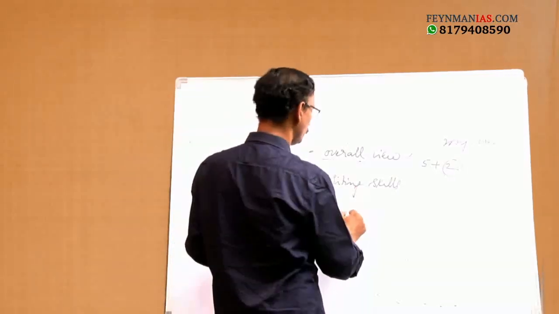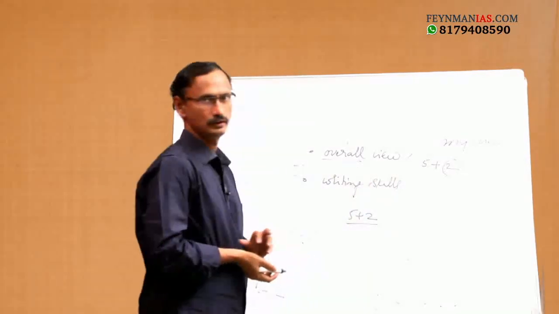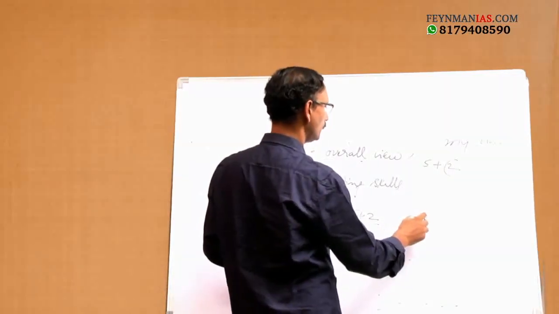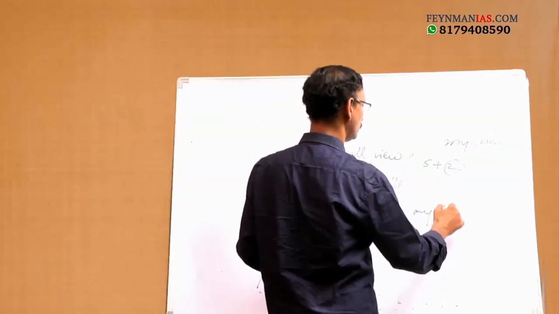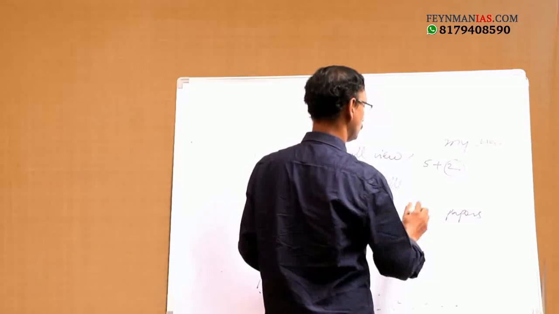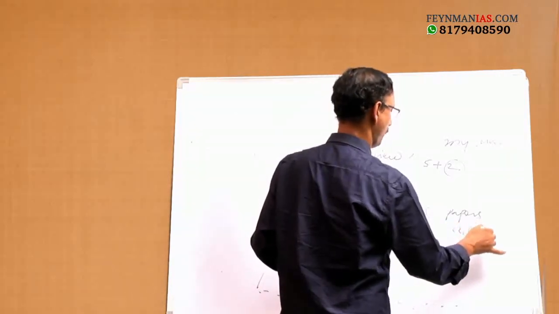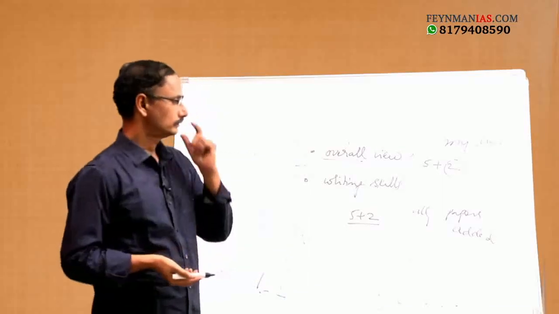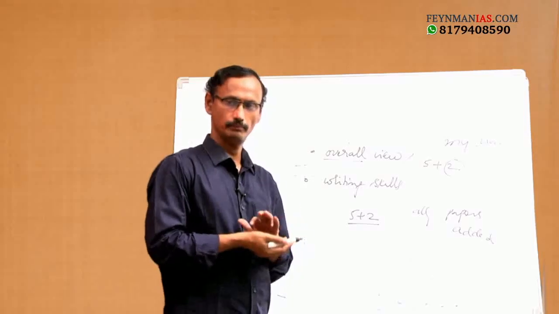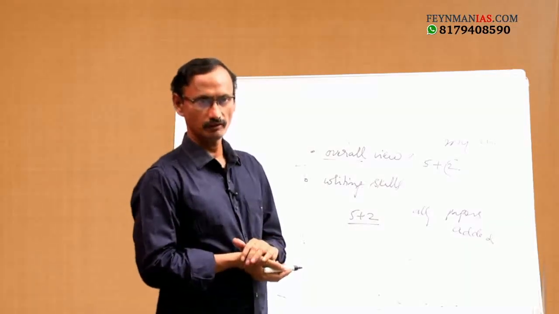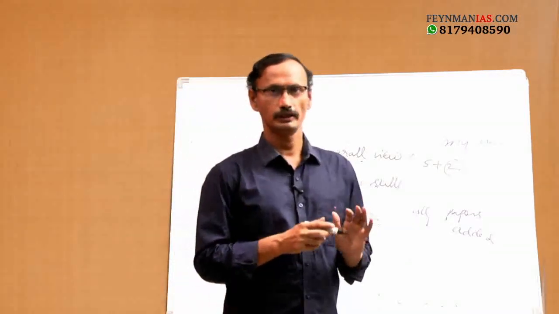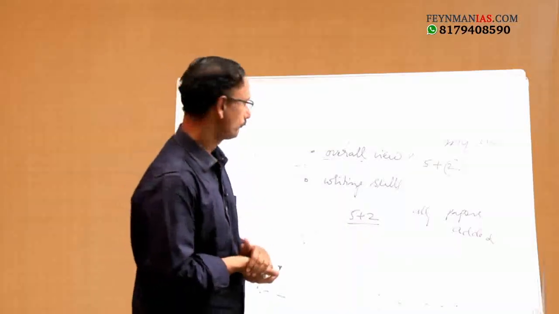An overall view of 5 plus 2 will take less time than all papers added. That is, if you take some time for paper 1 and another time for paper 2, preparing for 1 and 2 together will take less time than preparing for 1 without any relationship with preparing for 2.